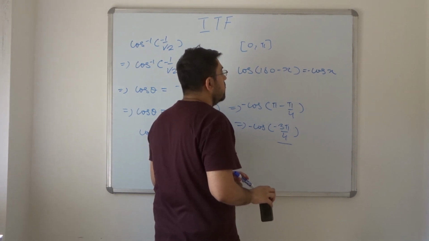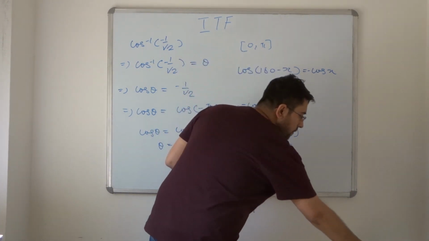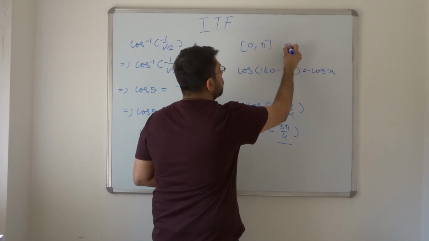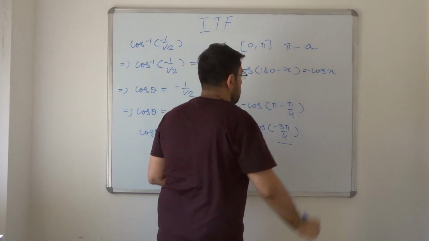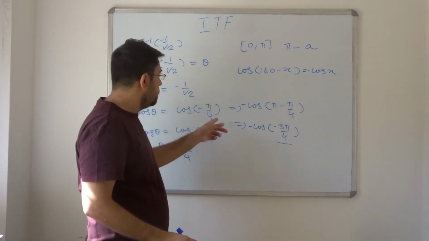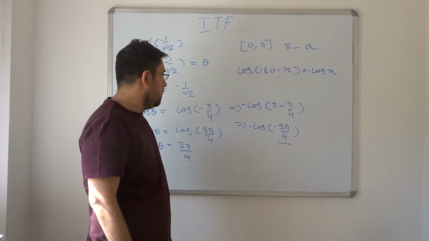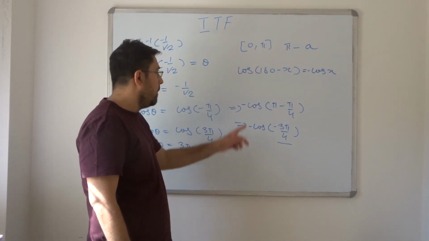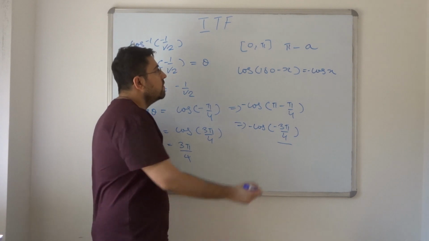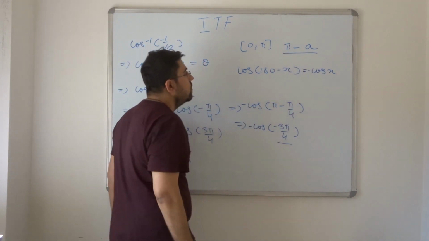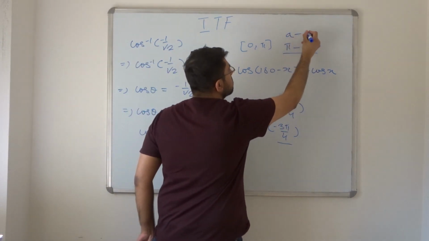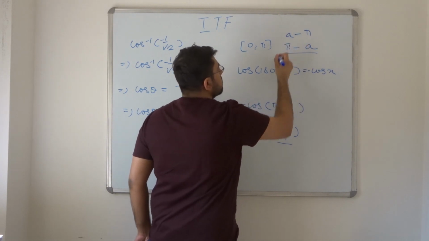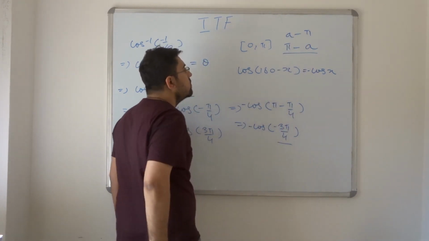So 90 to 180 is second. In the second quadrant, this is going to be negative. In the third quadrant, it becomes this.